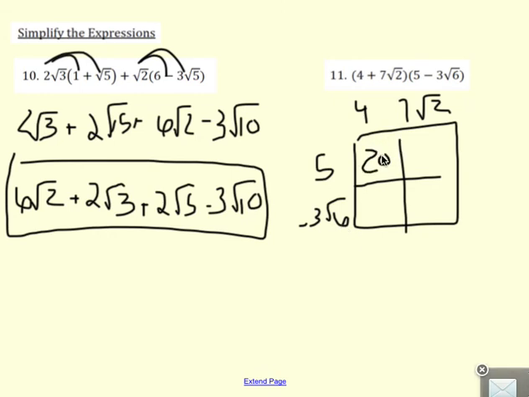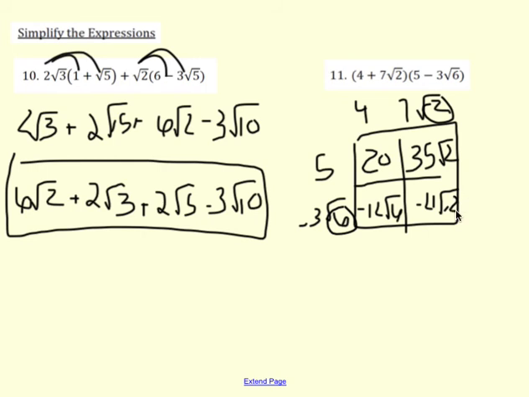And then I'm going to take 5 times 7, which is 35, and then square root of 2. Then I'm going to do 4 times negative 3, which is negative 12, square root of 6. Then negative 3 times 7, which is a negative 21, square root of, now I need to multiply underneath the two radicals, which is 6 times 2, which is 12.